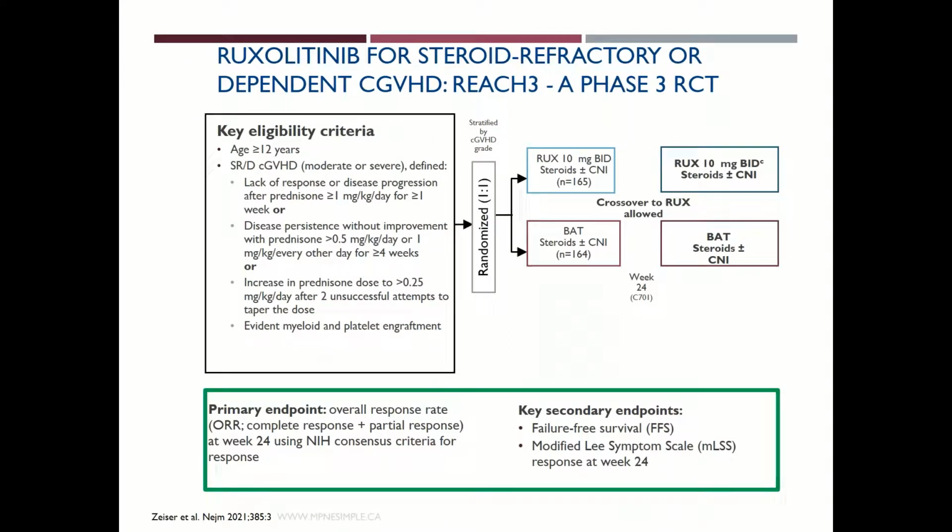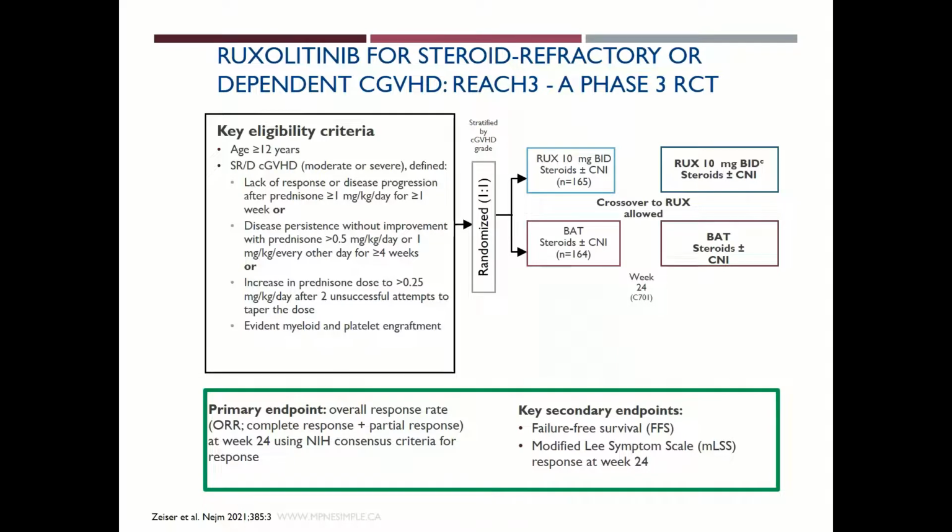Ruxolitinib was approved for the treatment of steroid refractory dependent chronic graft versus host disease on the basis of the REACH-3 study, a large randomized phase 3 clinical trial. Patients over the age of 12 who had steroid refractory dependent graft versus host disease, either NIH moderate to severe, defined as listed in this slide, were randomized 1-to-1 to receive either ruxolitinib 10 milligrams twice a day with steroids with or without a calcineurin inhibitor, or to investigators' choice of best available therapy with steroids with or without a calcineurin inhibitor.